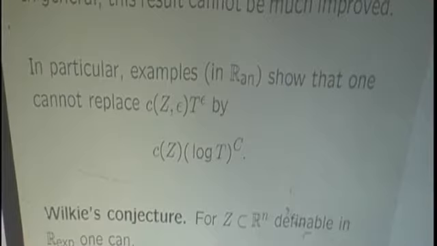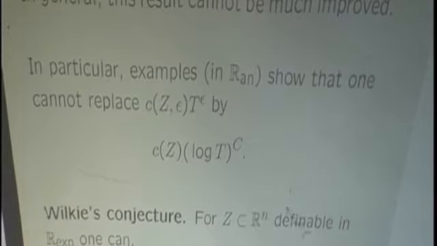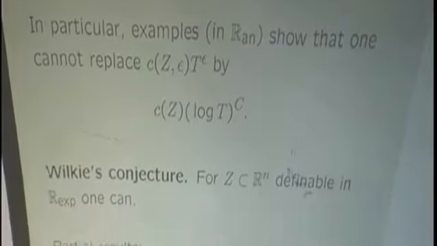But Alex conjectured that for sets that are definable using the exponential function, one can, and there are various partial results in that direction due to Gareth Jones, Margaret Thomas, and Lee Butler in particular, for certain curves and surfaces. Okay, so that's Diophantine geometry in O-minimal structures, and now I want to move to part 2.